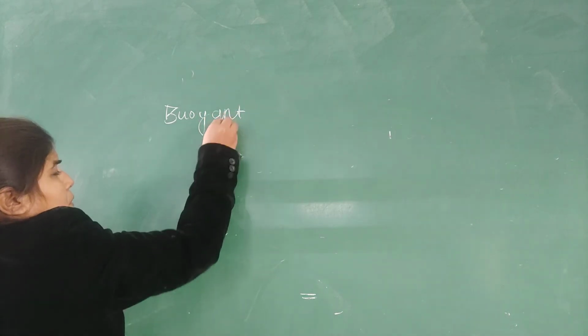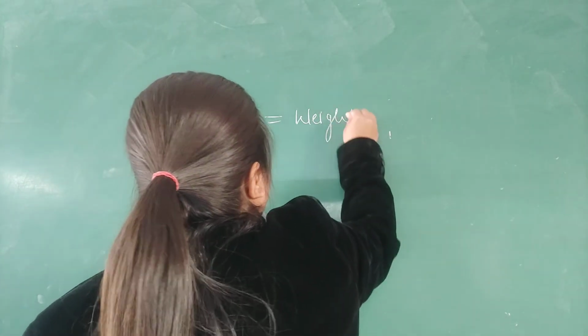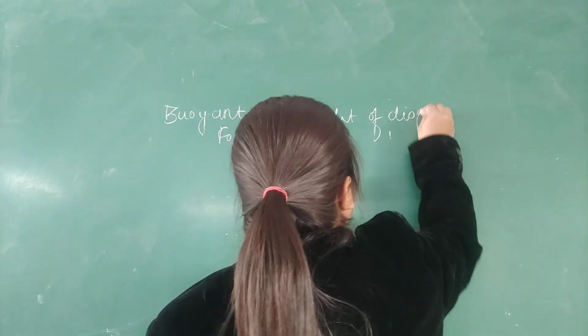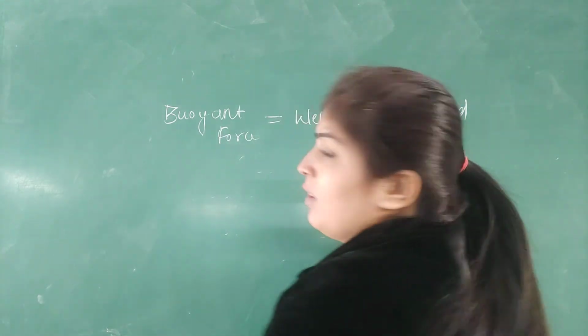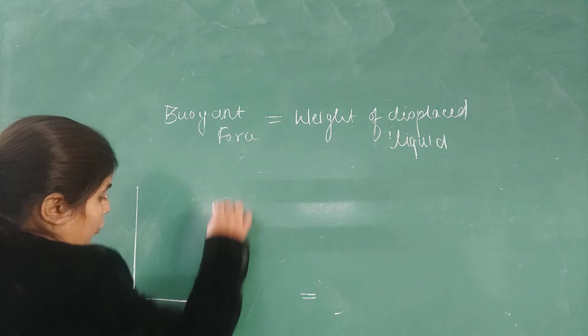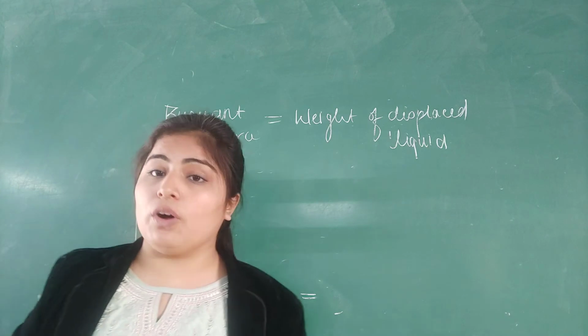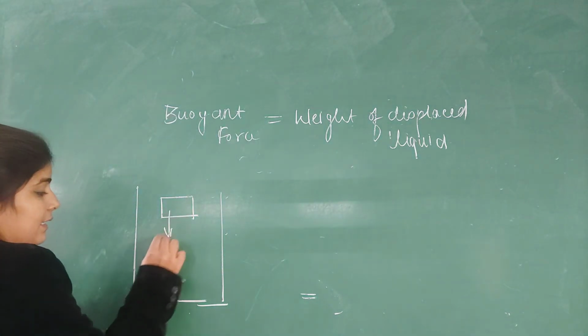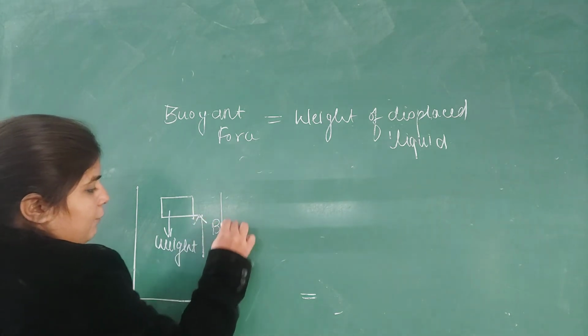From Archimedes' principle, we have derived a formula that buoyant force was equal to weight of displaced liquid. Now, we know that whenever any object is immersed inside the liquid, two forces are acting on it. One is acting downward, that is its weight, and the other is acting upward, that is buoyant force.